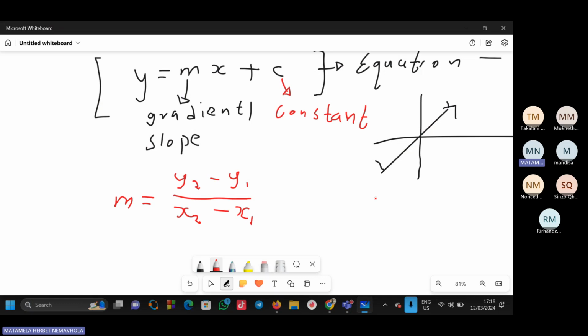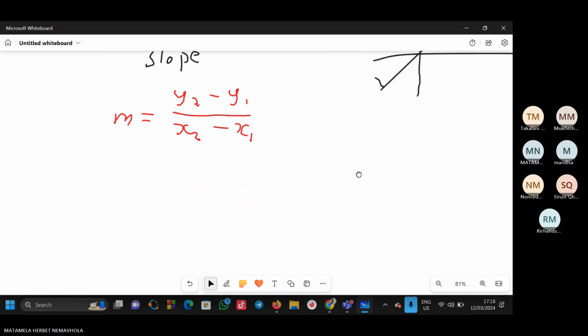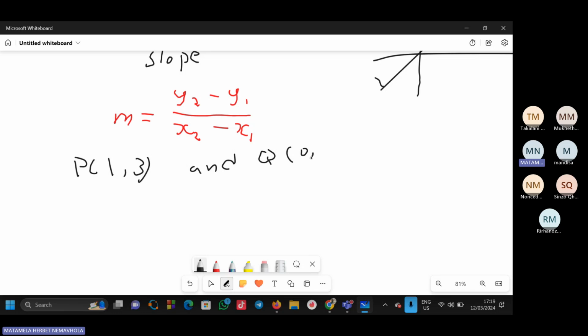So when you have this formula to calculate the gradient, you might be given coordinates. Let's say they gave you a straight line that passes through a point P. This point P, they tell you is (1, 3), and Q, which is, let's say, (0, 2).